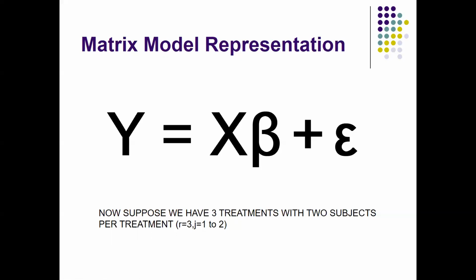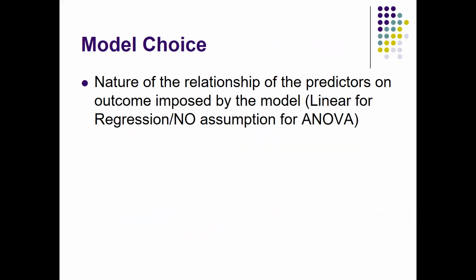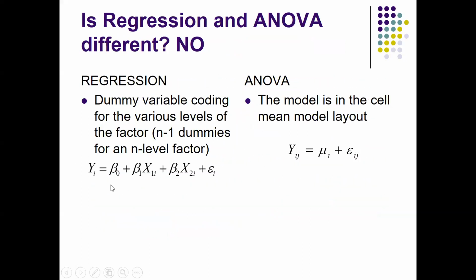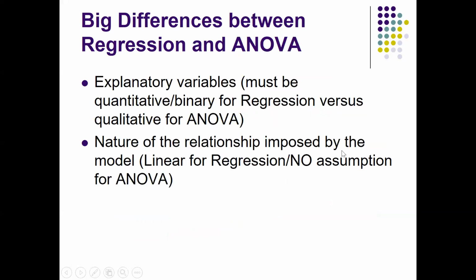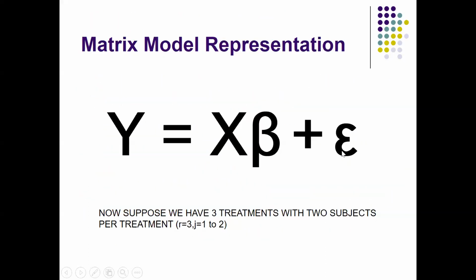And so whether we're going with the dummy variables, or whether we're going with the cell mean model, is going to have an impact on that design matrix. The beta is the vector of regression coefficients. Even though we're fitting an ANOVA model, we're going to get coefficients, and we're going to call them regression coefficients.